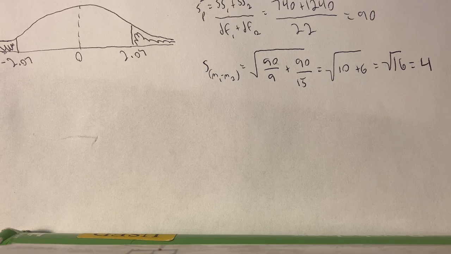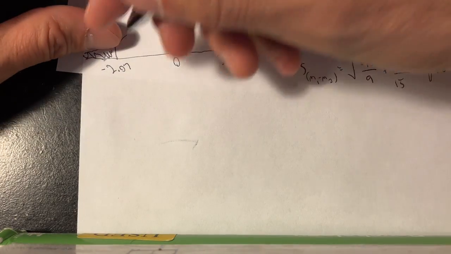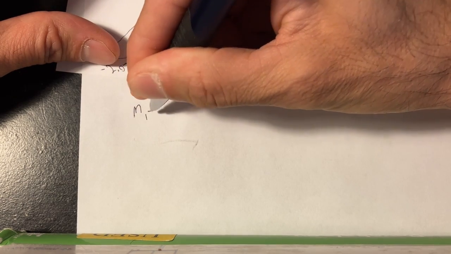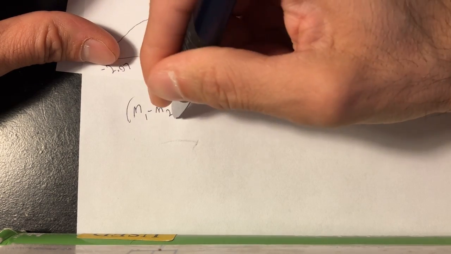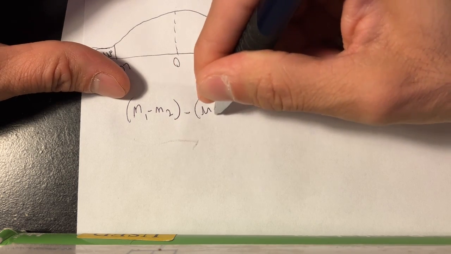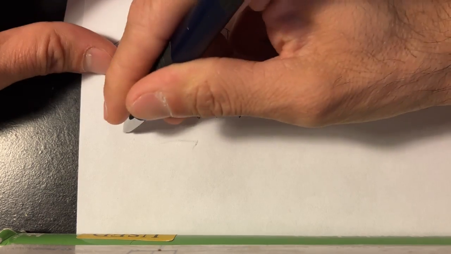Now our final formula is simply to take the difference of means, so that's M1 minus M2. And then this was the other component of the formula that I didn't bother putting in, mu1 minus mu2, but that's just equal to 0.